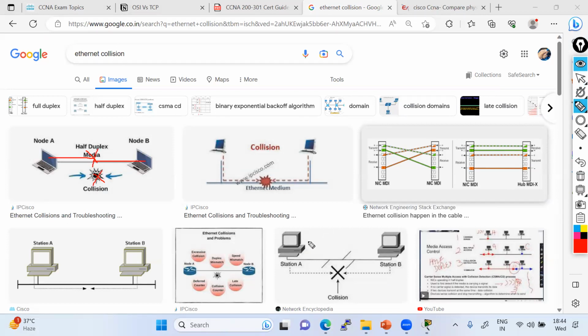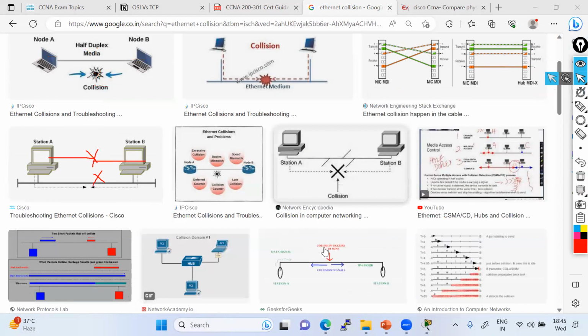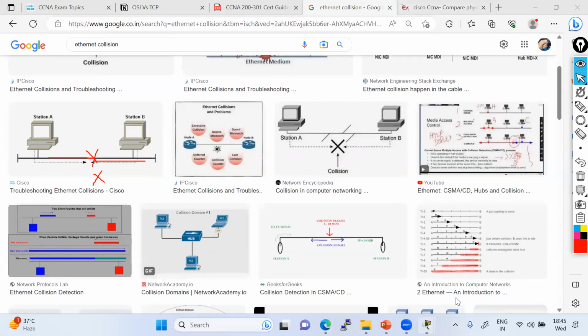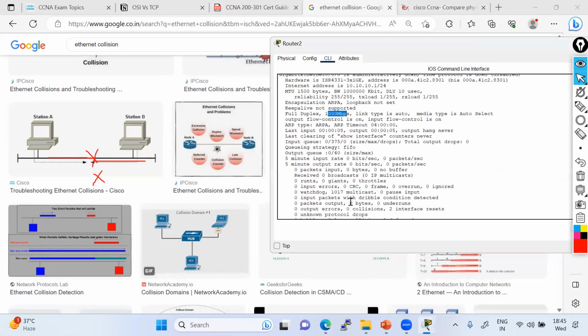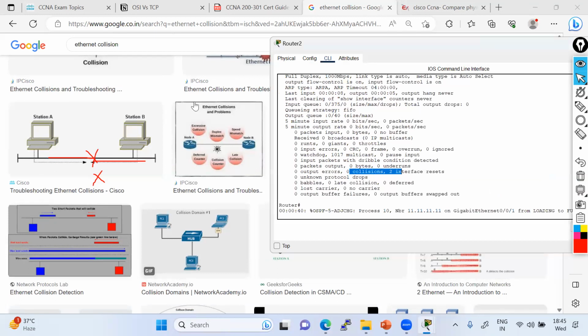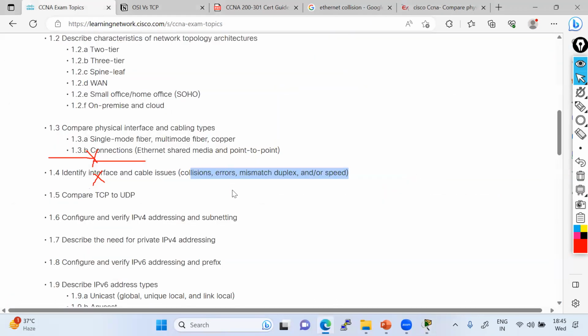So in that case, there is a problem. Collisions can happen because multiple devices are sending traffic at the same time. So they are going to make a collision and my traffic is going to be lost. This is a collision. If a collision happens on the router or switches, they're going to show you whether there is a collision or not here, right? So collisions can always happen on the shared media, right?